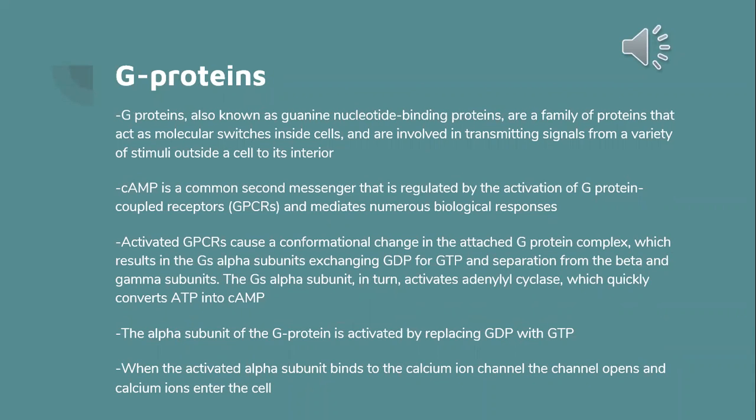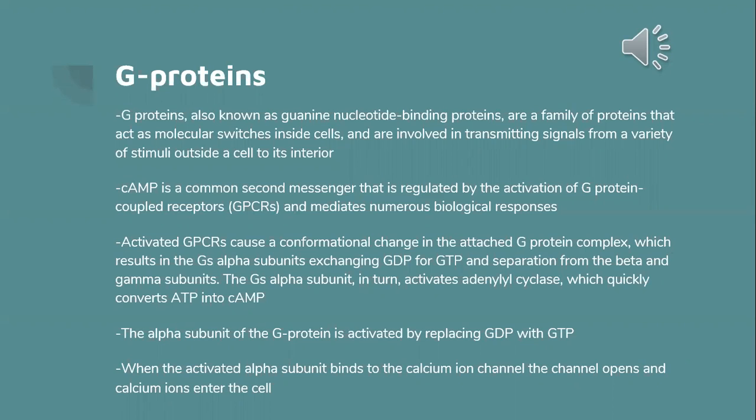G proteins, also known as guanine nucleotide-binding proteins, are a family of proteins that act as molecular switches inside cells and are involved in transmitting signals from a variety of stimuli outside a cell to its interior. cAMP is a common second messenger that is regulated by the activation of G protein-coupled receptors, GPCRs, and mediates numerous biological responses.